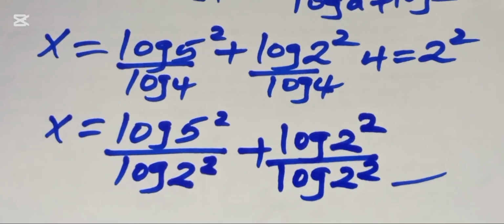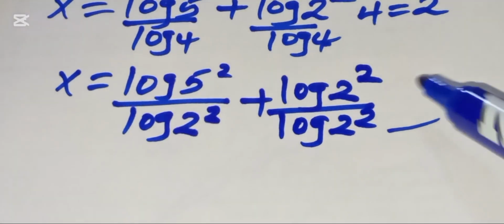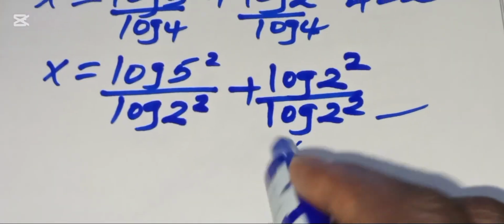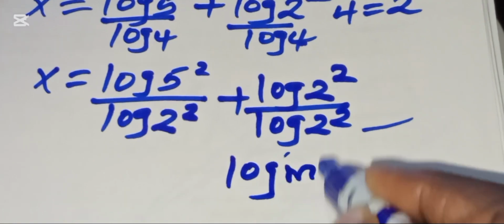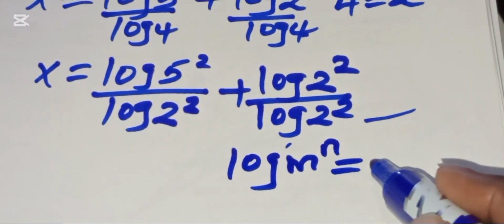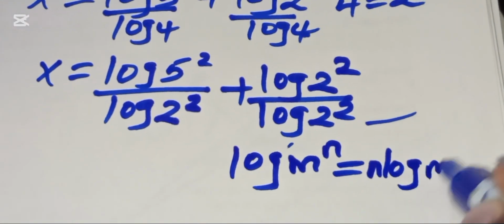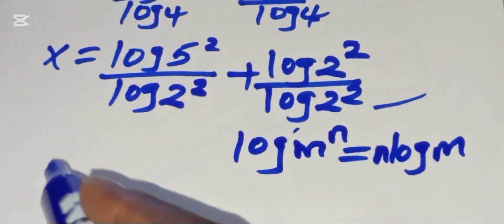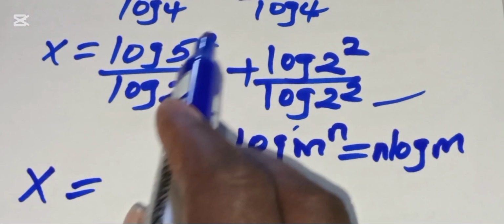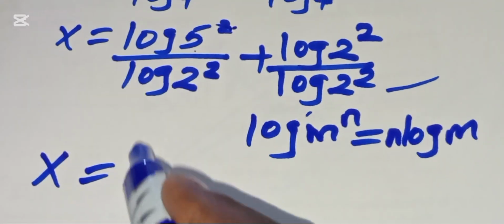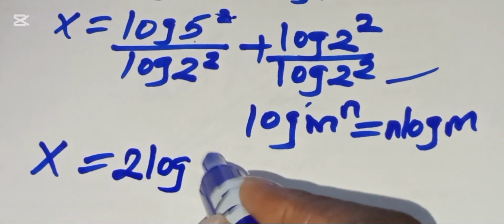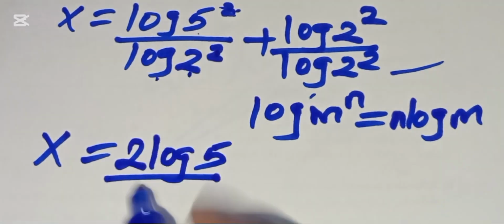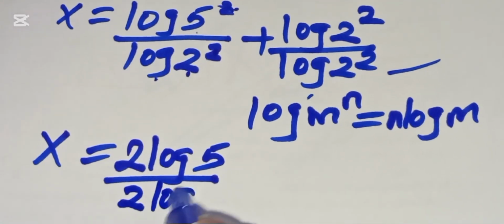Now log 2 raised to power 2 is in the form of log m raised to power n, which you can express as n log m. This is the power rule property of logarithms. So from here, we find that log 5 squared can be expressed as 2 log 5 divided by log 2 raised to power 2, which will be expressed as 2 log 2.